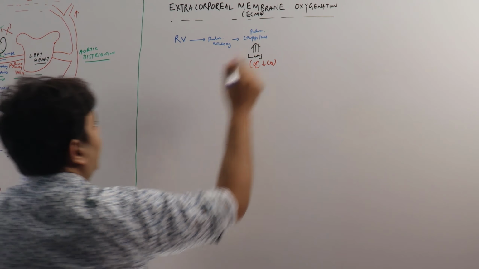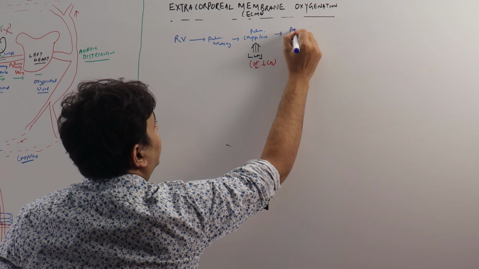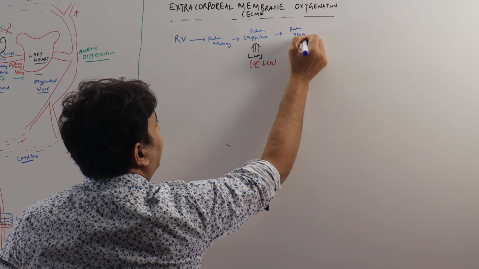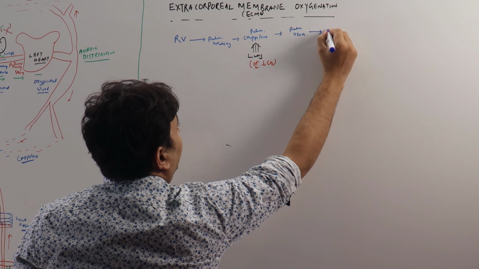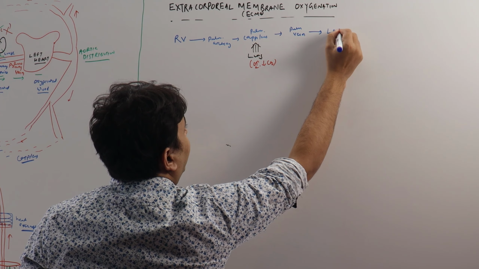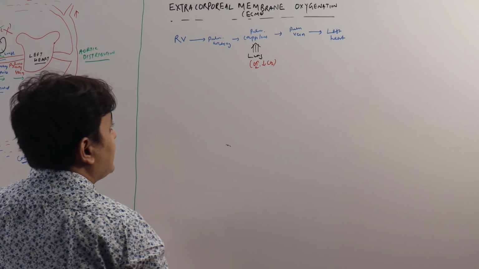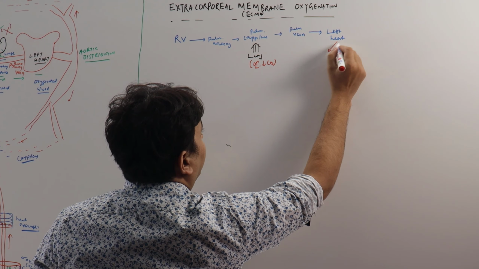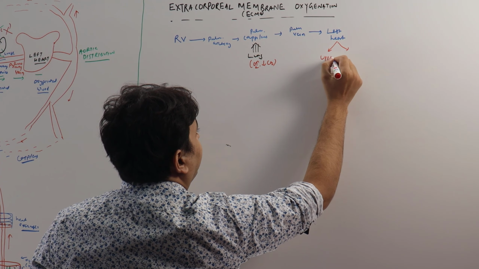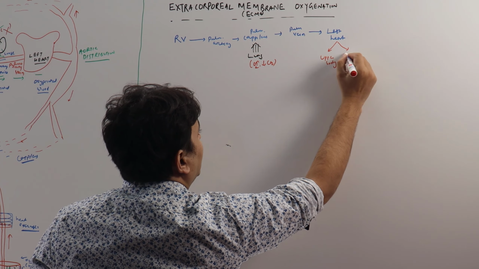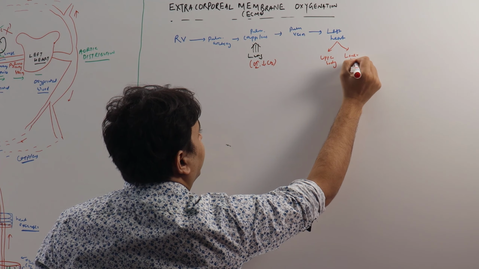Then via the pulmonary vein it comes to the left heart, right? And from the left heart it goes to the whole body, the upper body and the lower body, right?